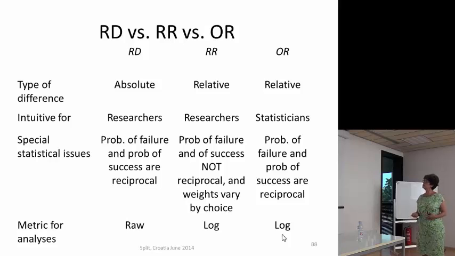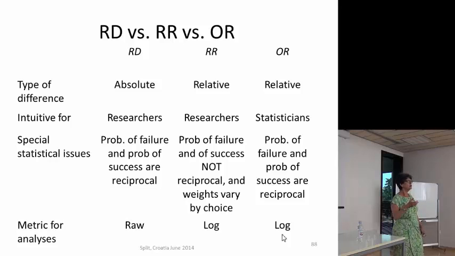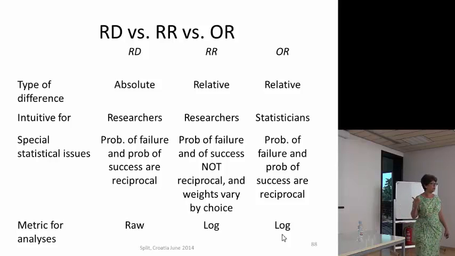The biggest problem with the risk ratio is that the probability of success and the probability of failure are not reciprocal or transitive. So the way you frame your question, does it increase head pain or does it decrease head pain, will really change what the ratio looks like.